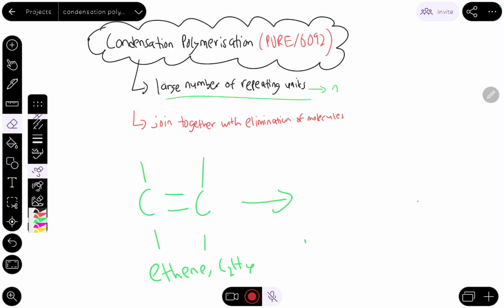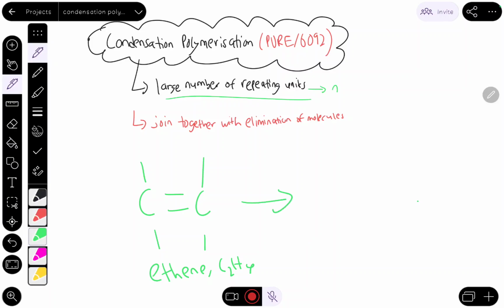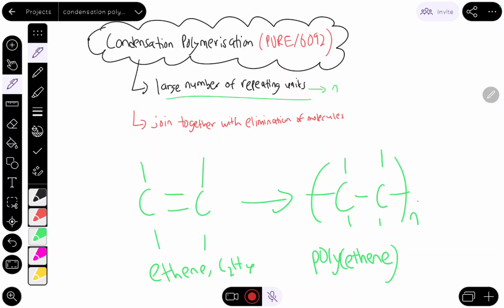From here, this is polyethene, via breaking the C=C double bond to a C-C single bond, and then we lay it out like this, with n. We don't know how many repeating units there are. It can be from 1 all the way to infinity, who knows. This is just a demo.